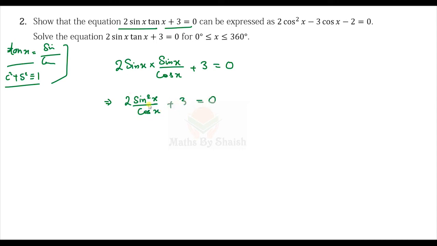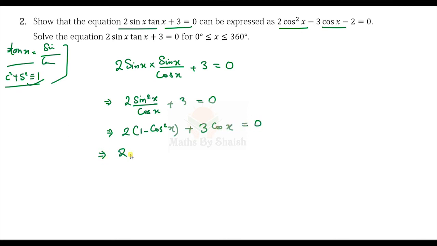Now I have sine squared x, and we can see there's cos x in the denominator. Whenever you want to express an equation in only sine or only cos, we use this identity: sine squared x can be written as 1 minus cos squared x. So we'll write 2 times 1 minus cos squared x, and we can multiply everything by cos x to get rid of the denominator, so it would be plus 3 cos x is equal to 0.